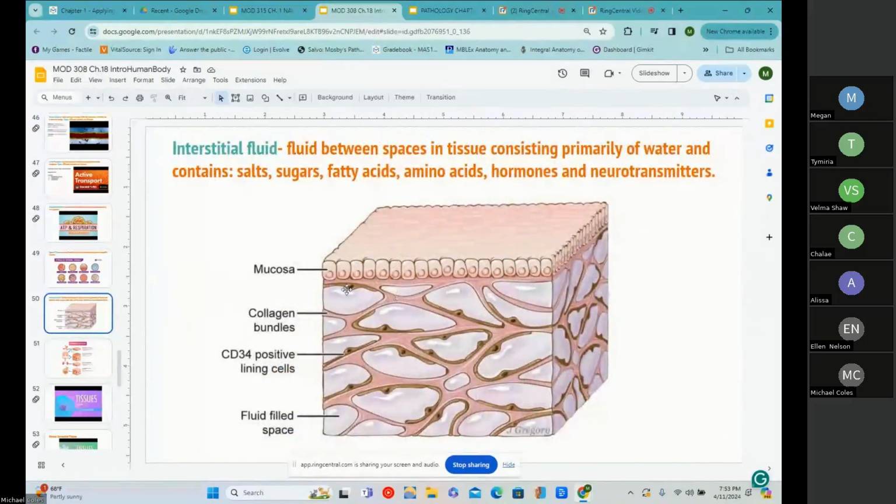We also have interstitial fluid. So remember, hydration is key. We have all this fluid that needs to be distributed evenly within the tissue cells. If somebody has swelling, edema, like cankles, that's going to be too much fluid buildup in that area, and it needs to be drained out, but it's not draining out properly.